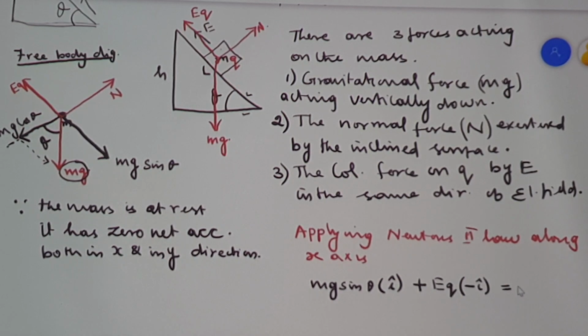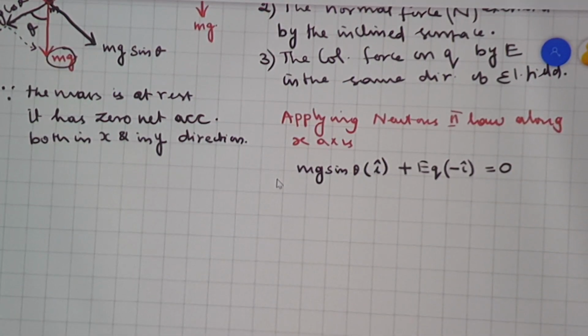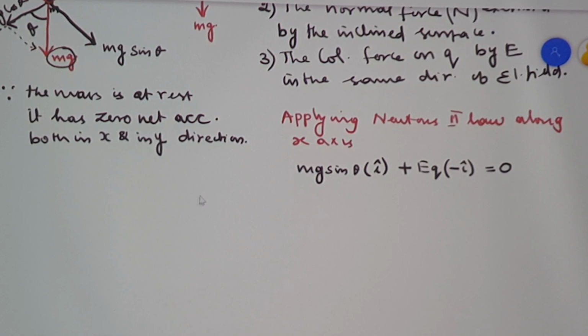The vector sum of these two is equal to 0. In the next step, I can write this as mg sine theta i cap minus EQ i cap is equal to 0.